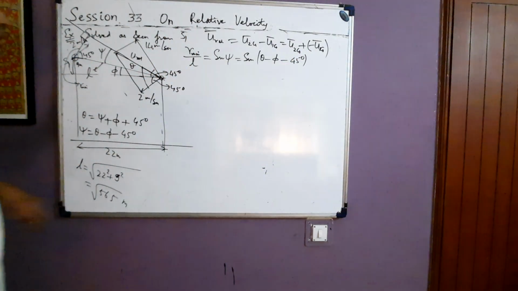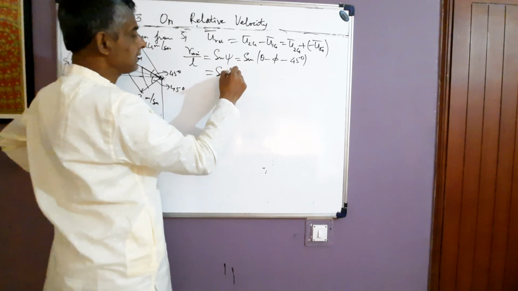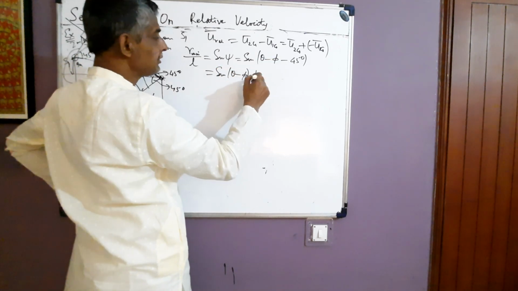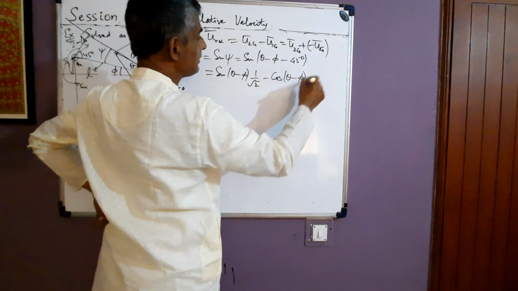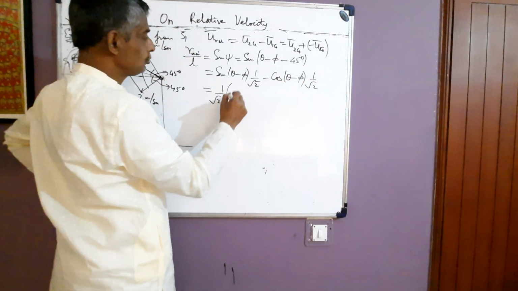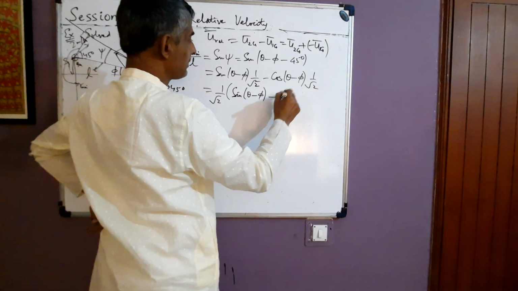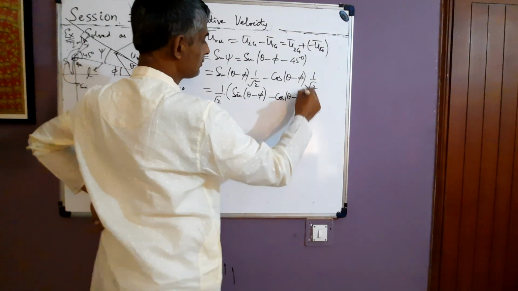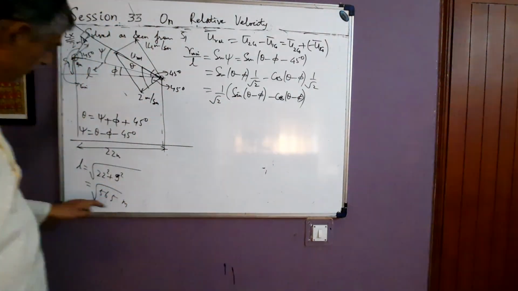Okay. Now this will break by sin A minus B rule. So this is just equal to sine of theta minus phi times cos 45 degree minus cos of theta minus phi times sine 45 degree. So this is equal to 1 by root 2 times sine theta minus phi minus cos theta minus phi. Now we have to find this.